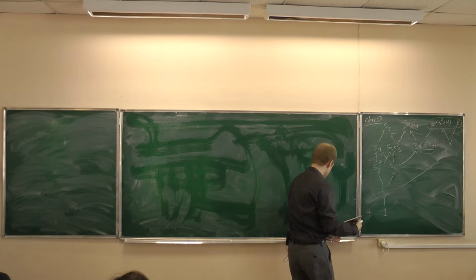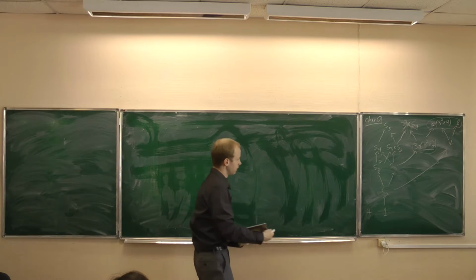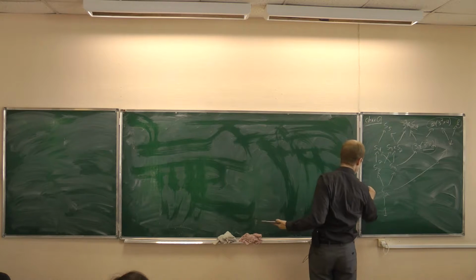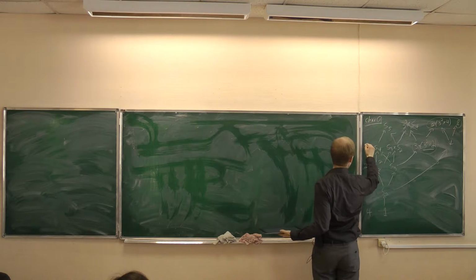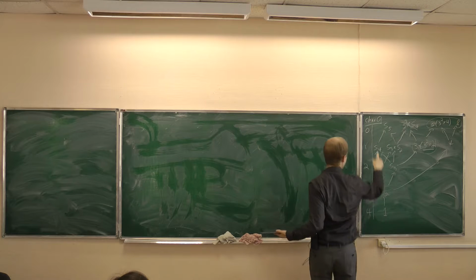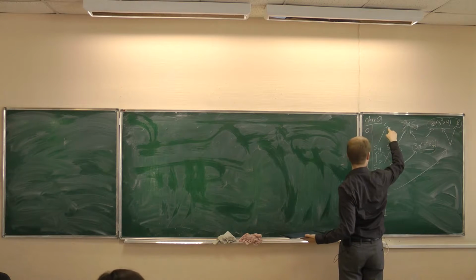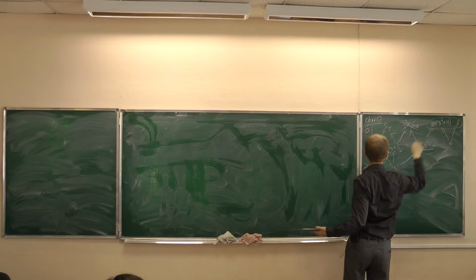I'm going to use the same notation that I was using before. I guess I didn't have my dimensions over here. So these are the dimensions of the spaces that realize these groups. There's only a unique one from this, a unique one from that, and a unique one from that.